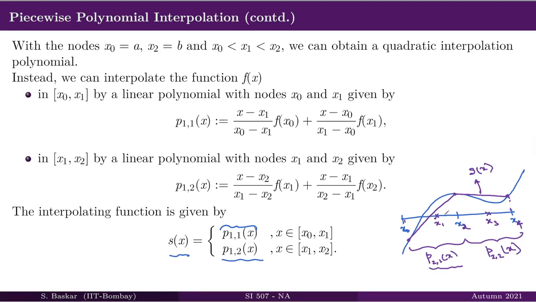At the same time, you get more and more better approximation because you are putting this approximation in a smaller and smaller interval, and thereby you have a better approximation to your original function. That is the main idea of piecewise polynomial interpolation.